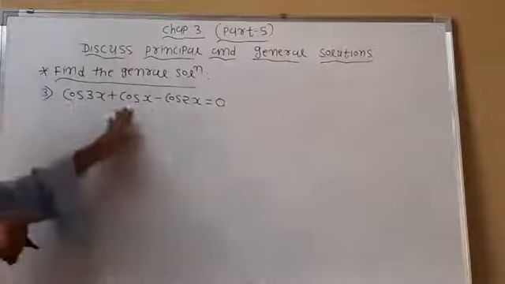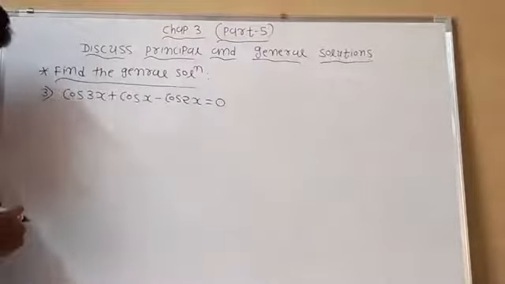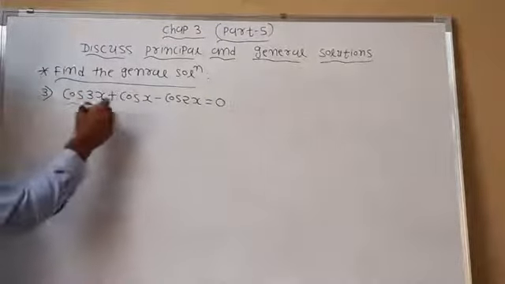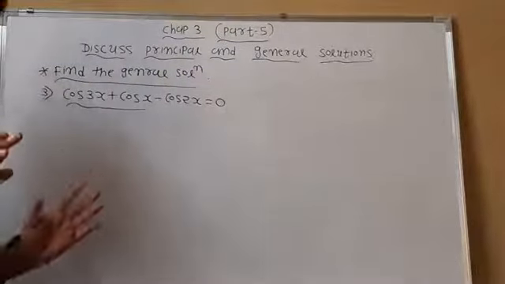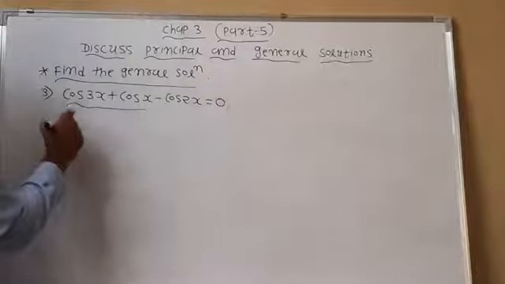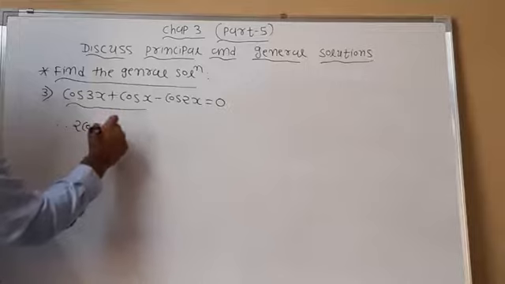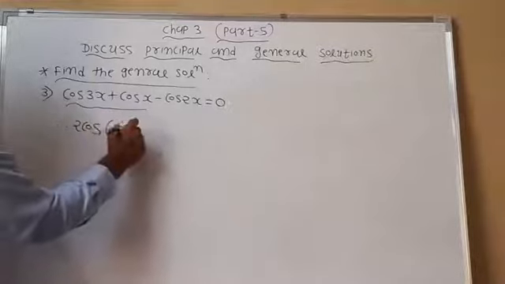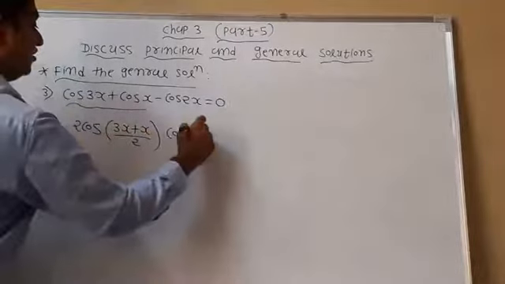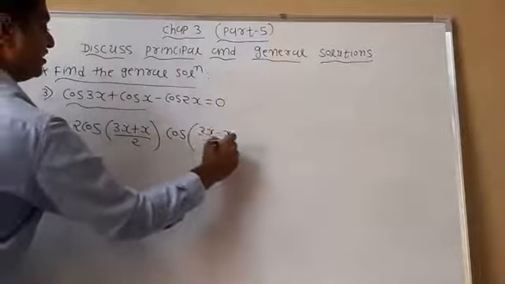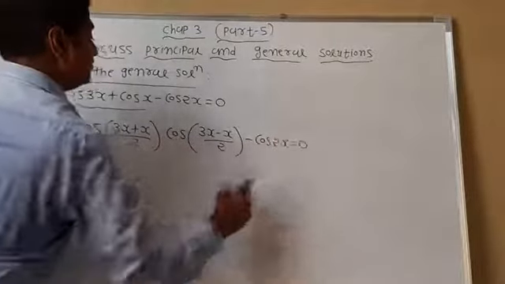Now here a total of 3 terms is present. First one is cos 3x plus cos x minus cos 2x. So in the first two terms apply the identity cos C plus cos D, that means 2 cos C cos D. So here we write 2 times cos of 3x plus x divided by 2, into cos in bracket 3x minus x divided by 2, minus cos 2x is equal to 0.